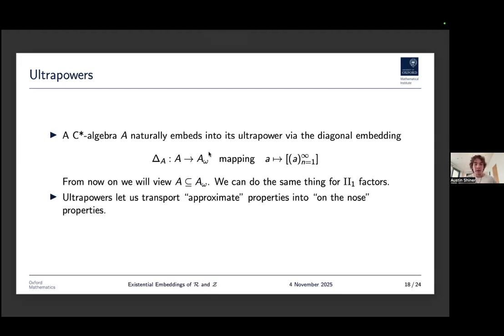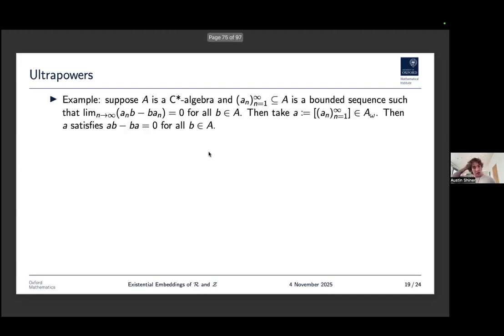As I said before, ultra powers let us transport approximate properties into properties that hold just on the nose. Let's see some examples. So first, suppose we have some C-star algebra A and some bounded sequence a_n of elements which satisfies that a_n and b commute in the limit for all b in A. So the limit as n goes to infinity of a_n b minus b a_n is equal to 0 in norm.